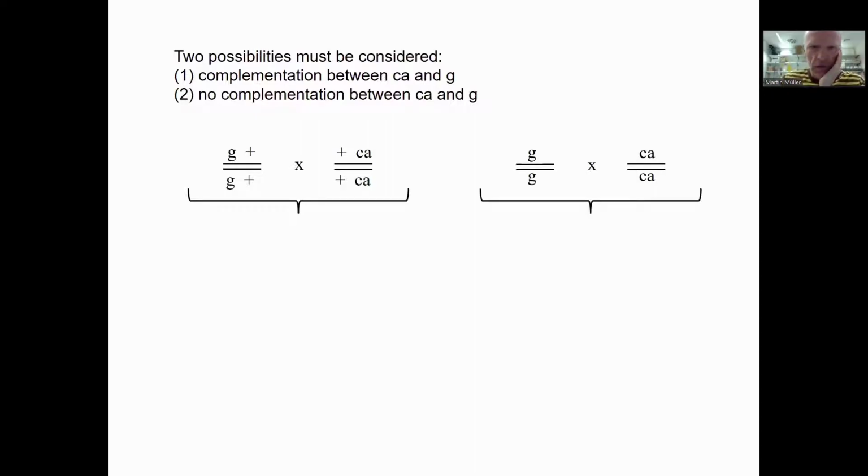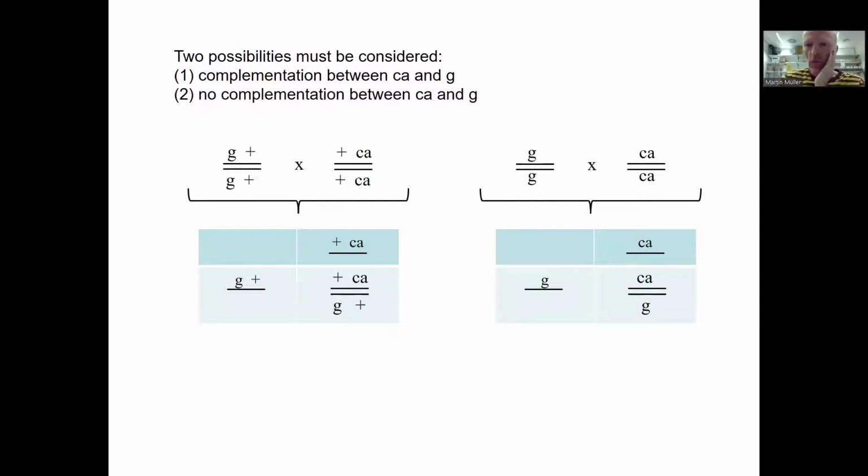So what do we get here? Again, the Punnett square is very simple because each parent only produces one type of gamete. The same is true on the other side. What would be the eye color of these flies here?